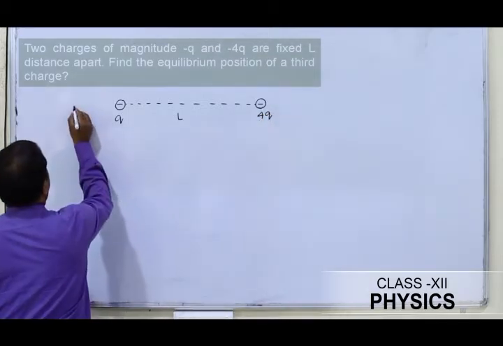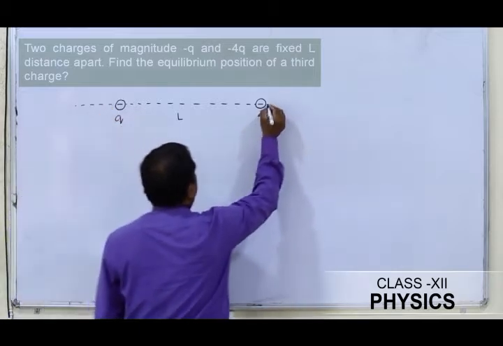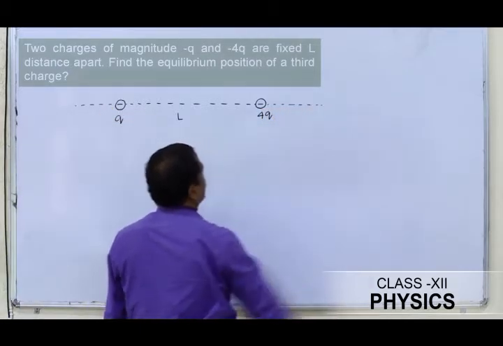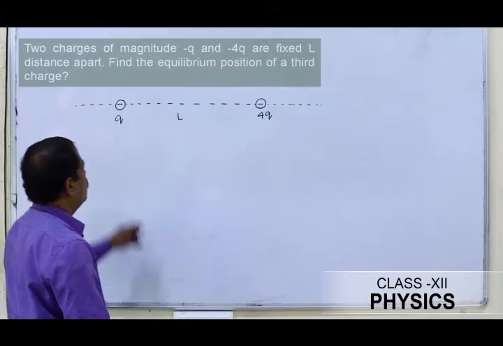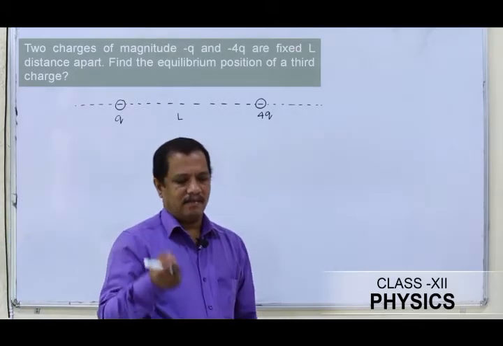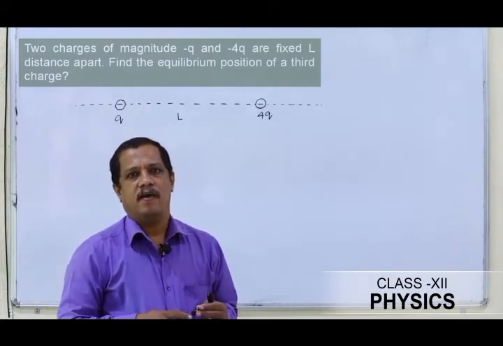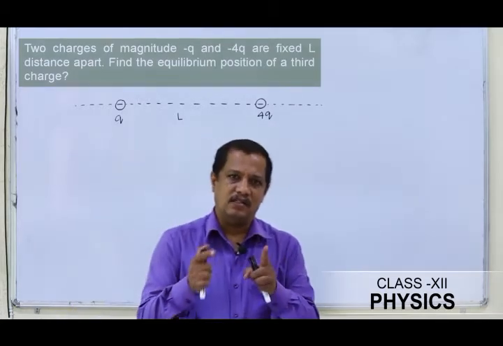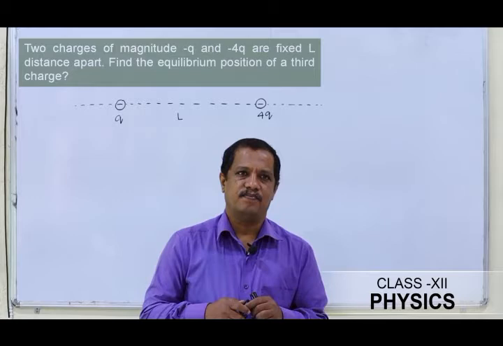This is the line joining the two charges. The question is the same. We need to find the location at which a third charge will experience F net 0, or the third charge will be at equilibrium.